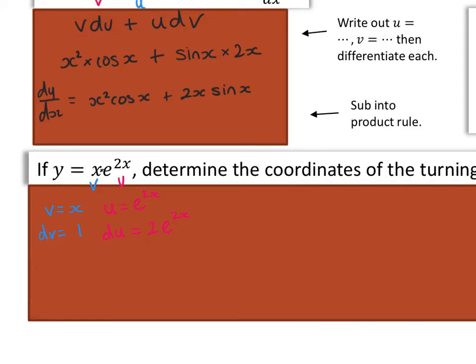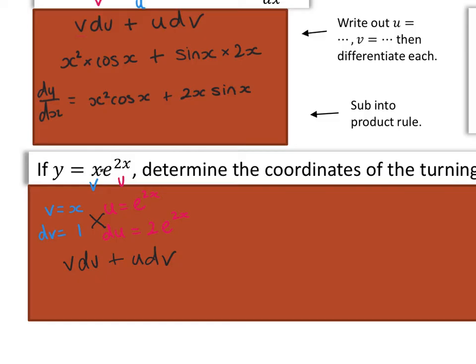So, you know, I would suggest definitely doing this method for more complicated ones. And then you know the rule. V du plus u dv, okay? And it's just classic substitution. It's that times that plus that times that, isn't it?